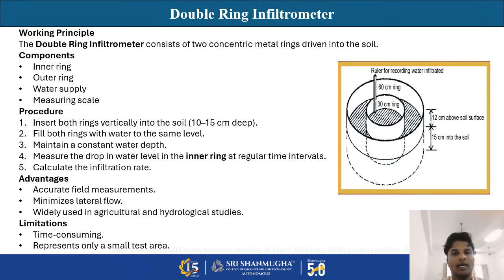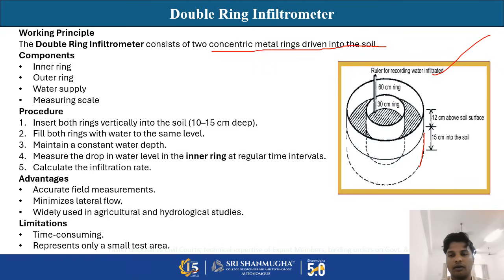So the double ring infiltrometer is taken for detailed study because it's widely used. It consists of concentric metal rings driven into the soil. You can see the pictures while I'm telling the theory.